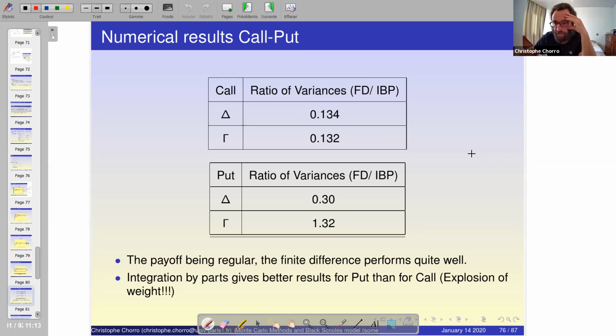Keep in mind that the size of the confidence interval at a level of 95% here is something of the form 1.96 times sigma times one over the square root of n, the number of simulations.